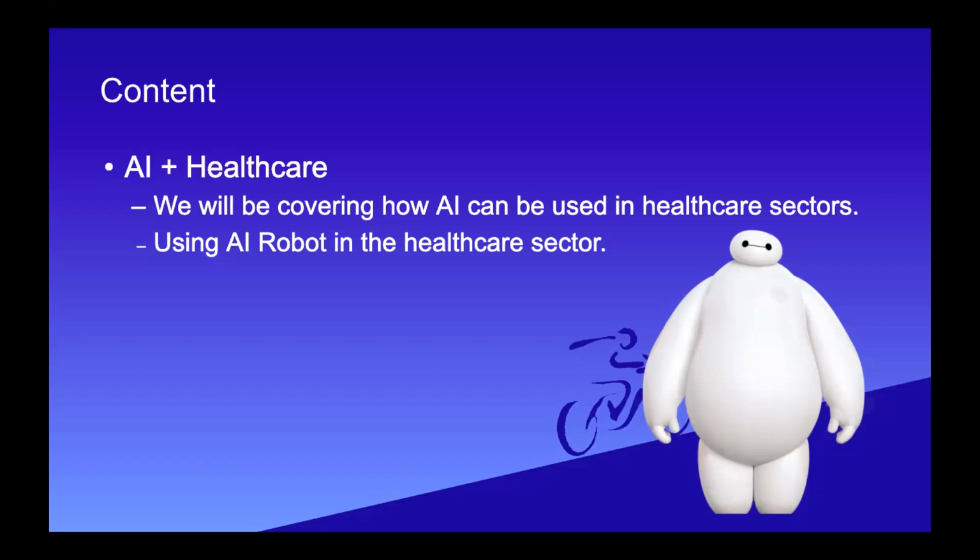He's equipped with exceptionally good healthcare facilities, and he's programmed to diagnose diseases and also treat injuries immediately. What if we told you that we could bring Baymax to real life? That's exactly what we're going to do now. We're going to use AI robots in the healthcare sector.